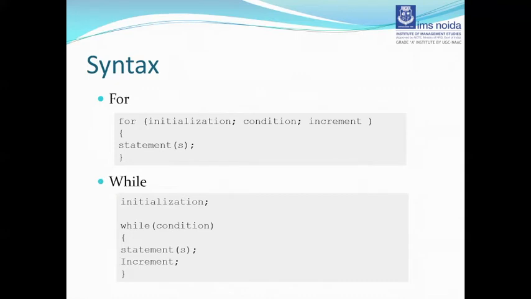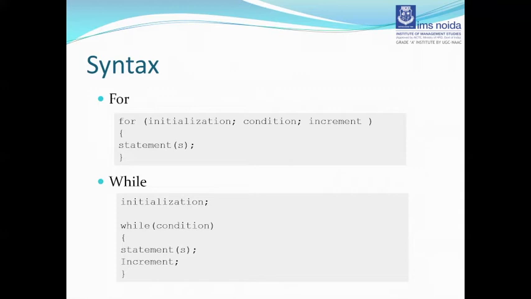And the third part is increment. If you want to iterate the statements inside the loop, then the increment or decrement part is very important, because you are doing it a number of times. If you do not do the increment or decrement part, the loop will be converted to an infinite loop.